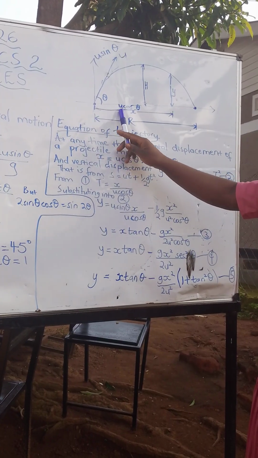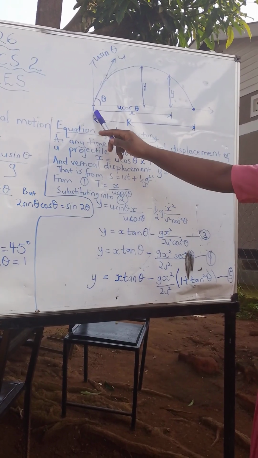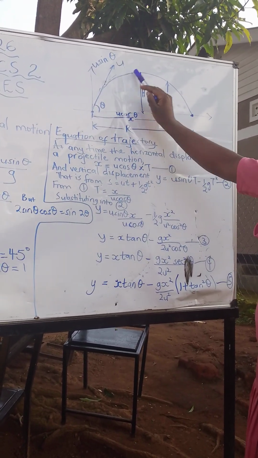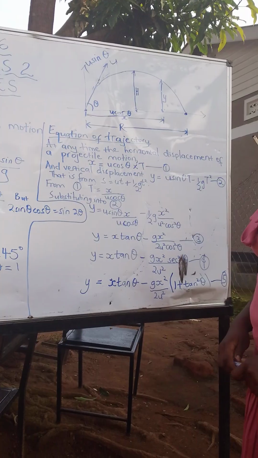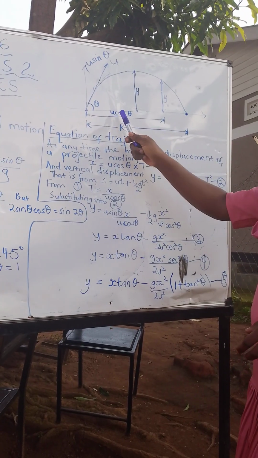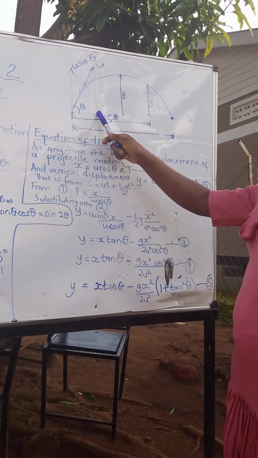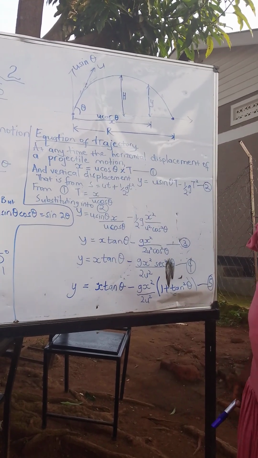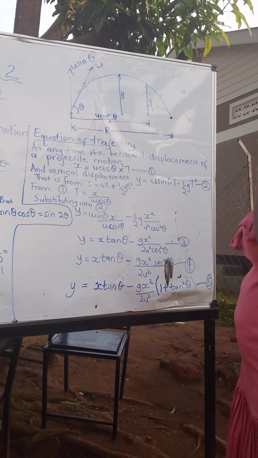So we have considered these two displacements: x as the horizontal displacement and y as the vertical displacement. At any time, the horizontal velocity times the time gives us the horizontal displacement.